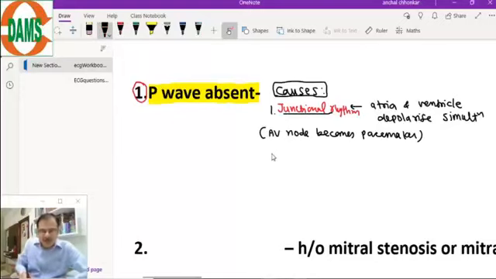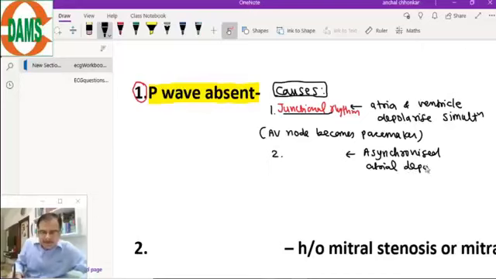Now number 2 is when there is asynchronized atrial depolarization. So all the fibers are not depolarizing at the same time. Each fiber is depolarizing independent of each other. This is a case of atrial fibrillation.